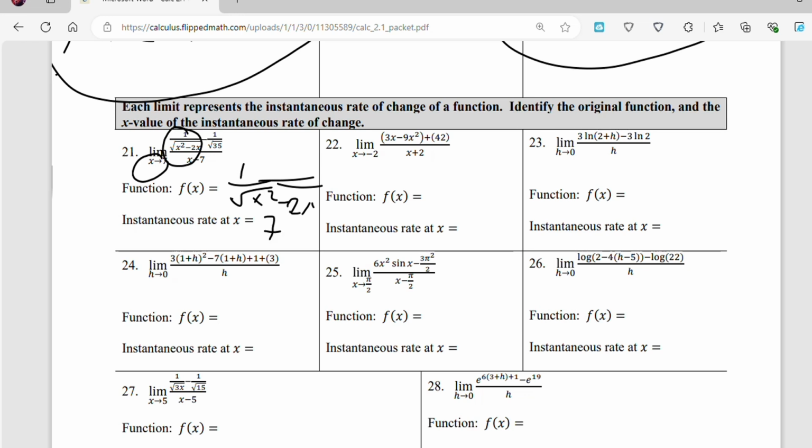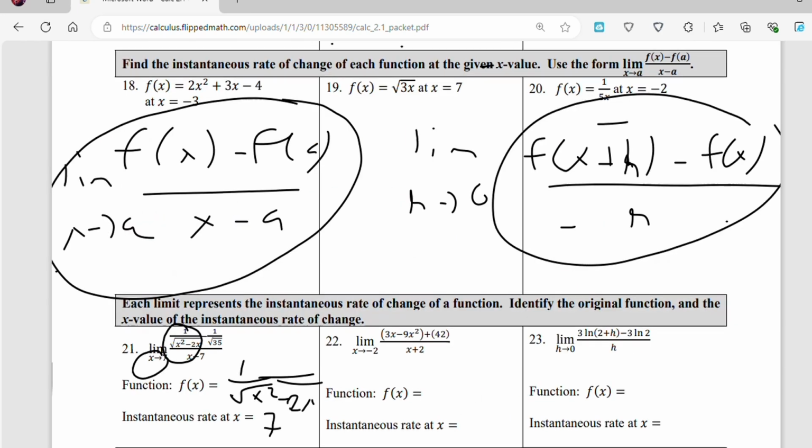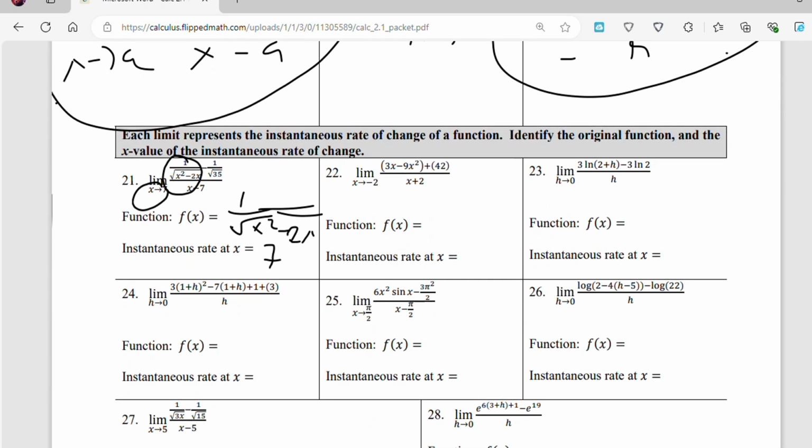Our instant rate is at x equals 7. Again, number 22, x approaches something. So we know that's going to be in the form of f of x minus f of a. So we have our f of x right here, 3x minus 9x squared. And again, our instant rate is whatever value x is approaching.